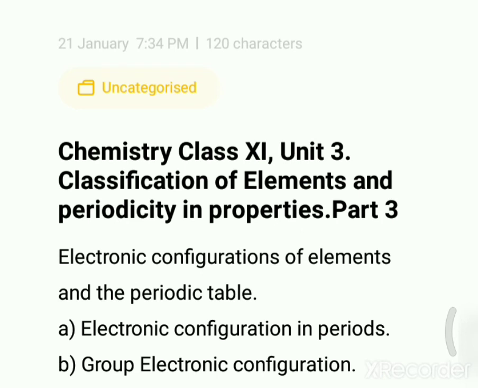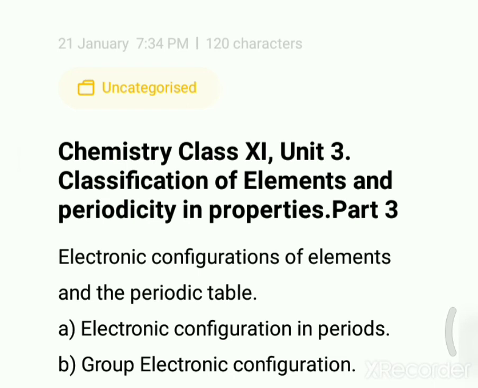So next we'll learn about the group-wise electronic configuration. In the group-wise electronic configuration, elements in the same vertical column or group have similar valence shell electronic configurations, the same number of electrons in the outer orbitals, and similar properties.